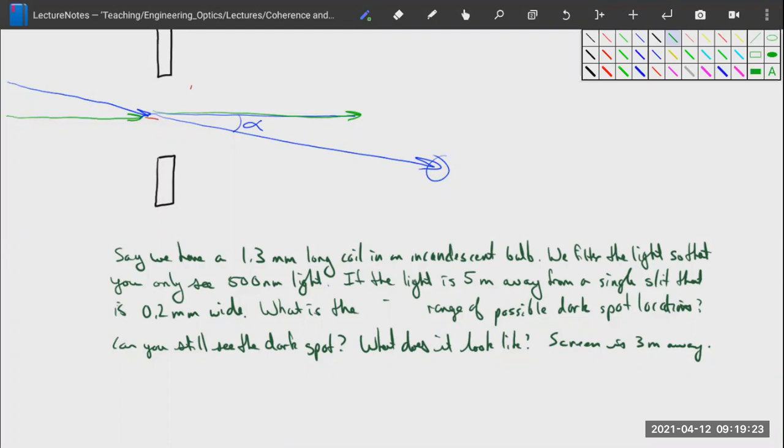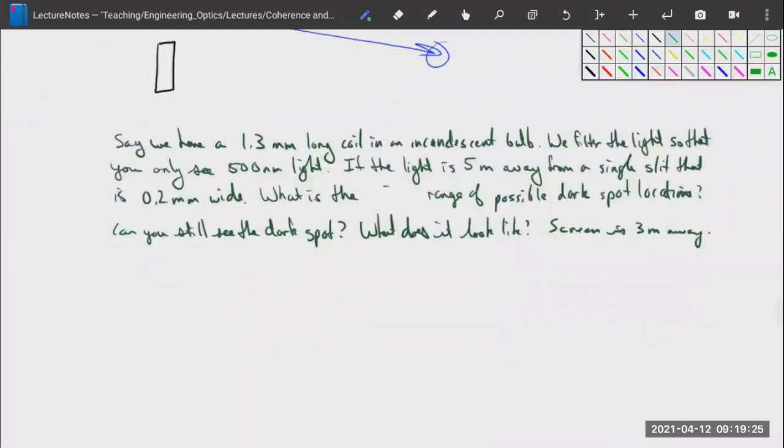Okay, so in order to do this, we need to figure out how far the dark spot is from the center, or what the angle is. So we're going to solve for the angle for the first dark spot. Remember, there's multiple dark spots in a row, but we're going to solve for the first one.